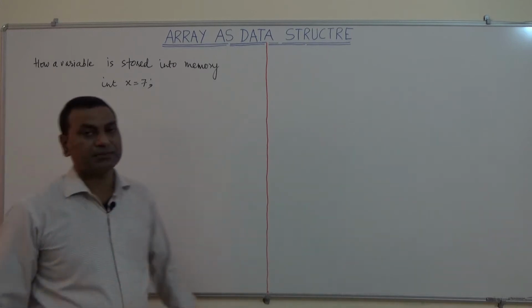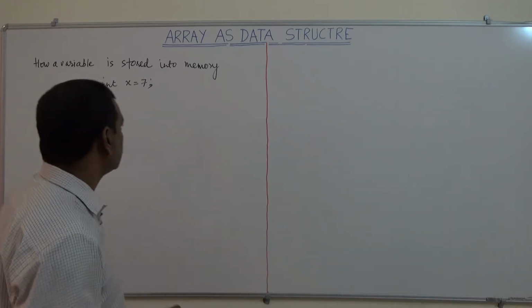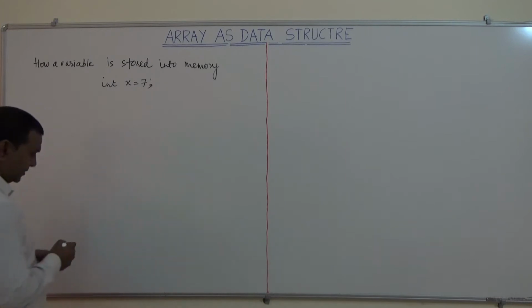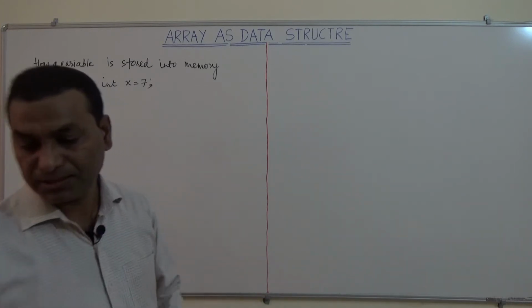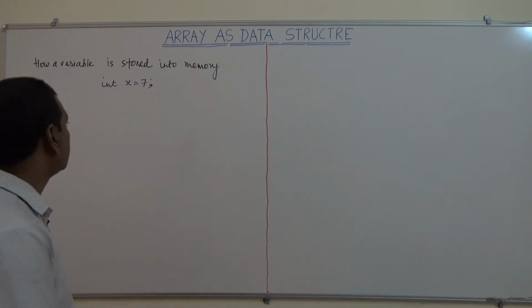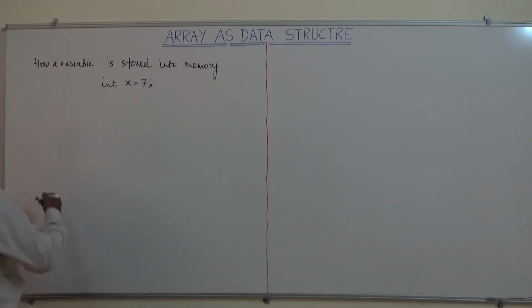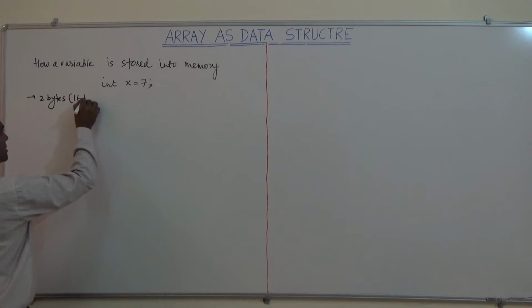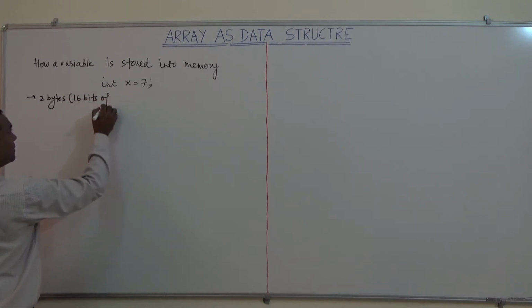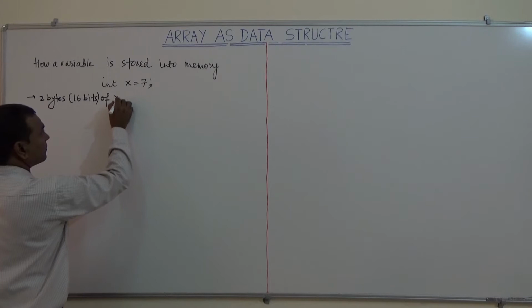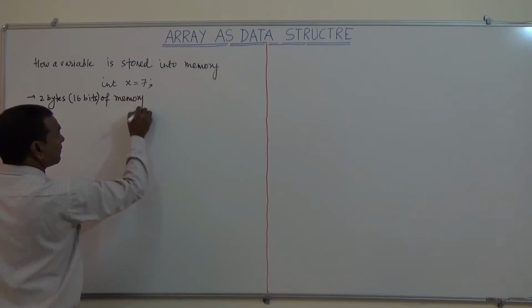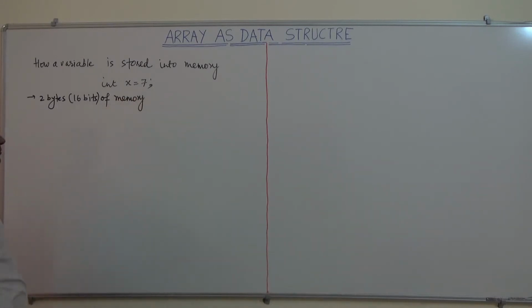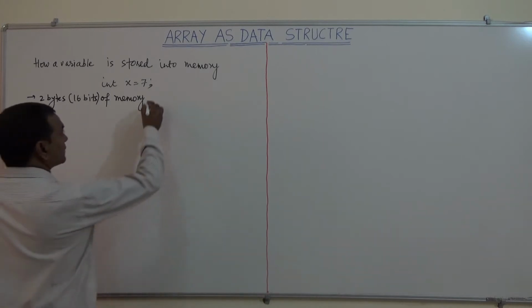Let us consider an element 7. It is of integer type, so it will take 2 bytes, that is 16 bits of memory.